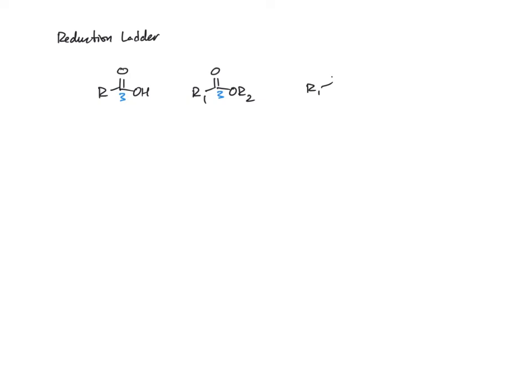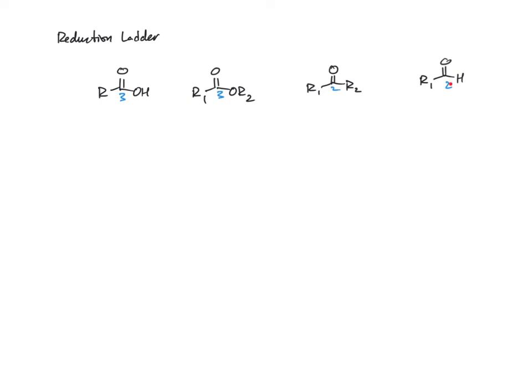Ketone, oxidation state 2. And then aldehyde, oxidation state 2. So as you see, we have four carbonyl containing functional groups. We've identified in blue the oxidation state number by counting 1, 2, 3.